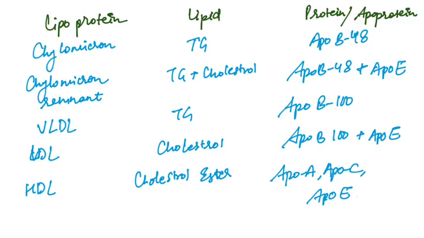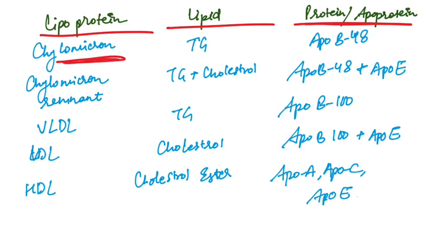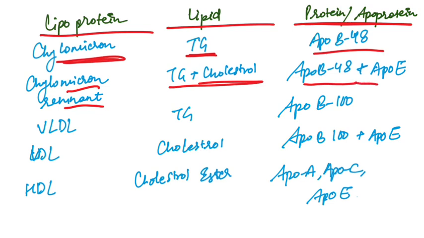Now, this is a chart showing the lipoproteins, lipids, and the apoproteins. The lipoprotein chylomicron consists of triglycerides as the lipid, and the apoprotein is ApoB48 only. Now, chylomicron remnants have triglycerides plus cholesterol, and the apoprotein is ApoB48 plus ApoE.